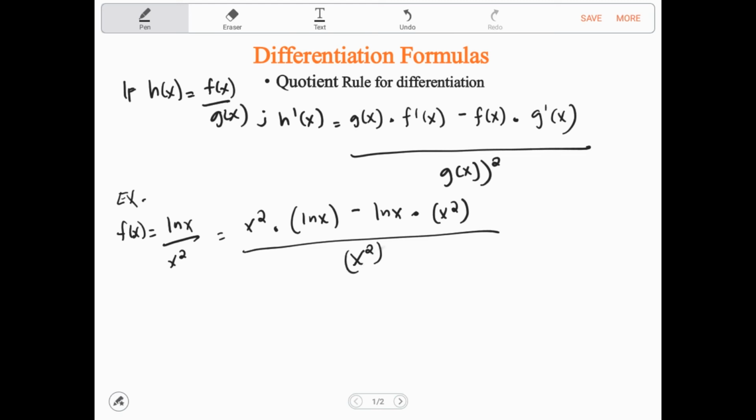So it's going to be x squared times the derivative of ln x, which is 1 over x, minus ln x times the derivative of x squared, which is 2x, all over x to the power of 4.